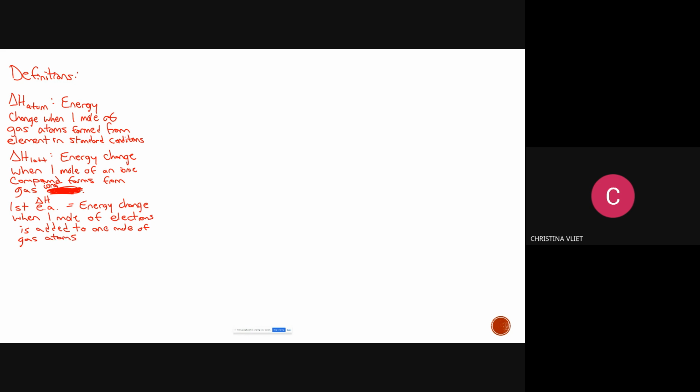And they say to form 1 mole of gas ions. 1 mole of electrons, 1 mole of gas atoms to make 1 mole of gas ions. So basically, you're literally just stating the equations is all you're doing with all these definitions. In my opinion, if you can remember the equation, you just have to state it in words for the definition.